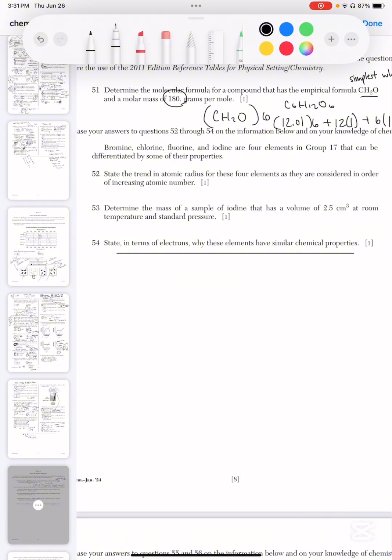State the trend in atomic radius for these 4 elements. Which 4? Oh! I never read. I should probably start reading. So these are halogens in order of increasing atomic number. So it would go fluorine, chlorine, bromine, and iodine.